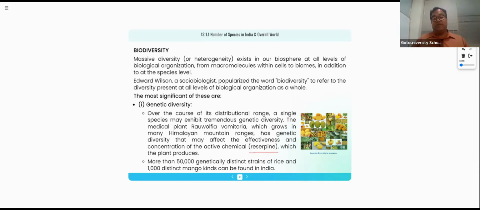This Rauwolfia vomitoria plant shows the maximum genetic diversity and species diversity wherever it grows. We are talking about this small herb, Rauwolfia. Why? Because Rafflesia is the biggest flower in the world. Tomorrow morning I'm going for the exam, and because of the tension we might write Rafflesia is the biggest plant in the world.